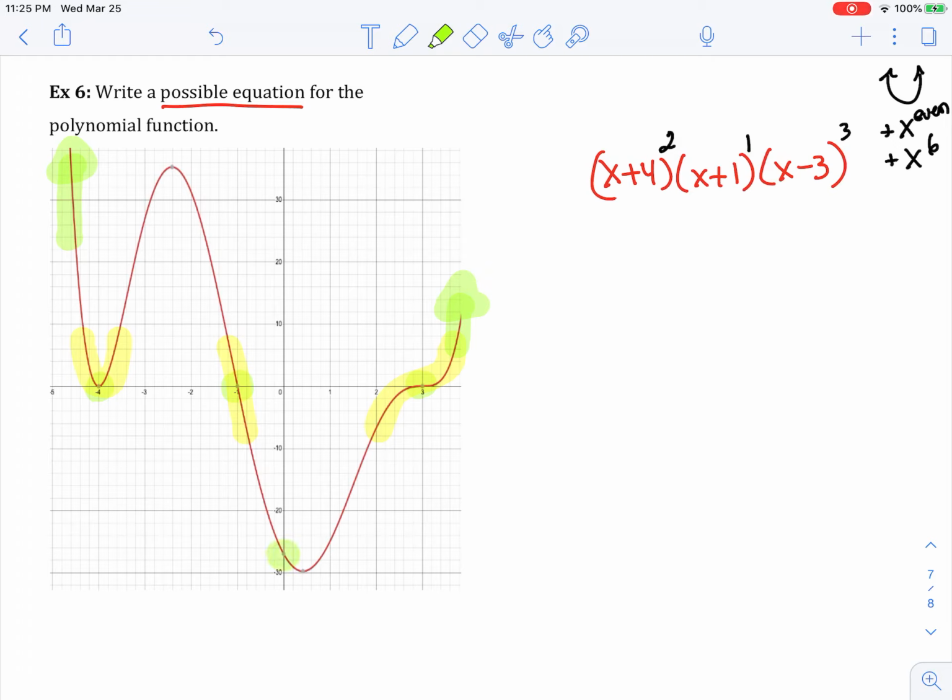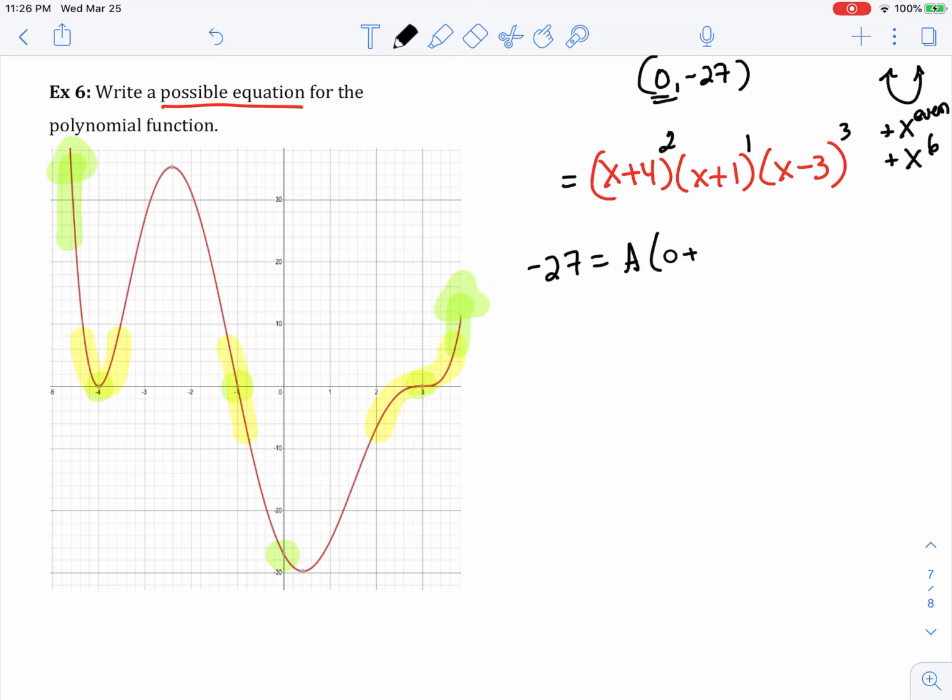Well, we have a y-intercept over here, and that's looking like, what, -27? So if our y-intercept is -27, then I'm going to set my y value equal to -27. We don't know what that a is, what that coefficient is that's in front. But for a y-intercept, if our y-intercept is at -27, that means the x value needs to be 0.